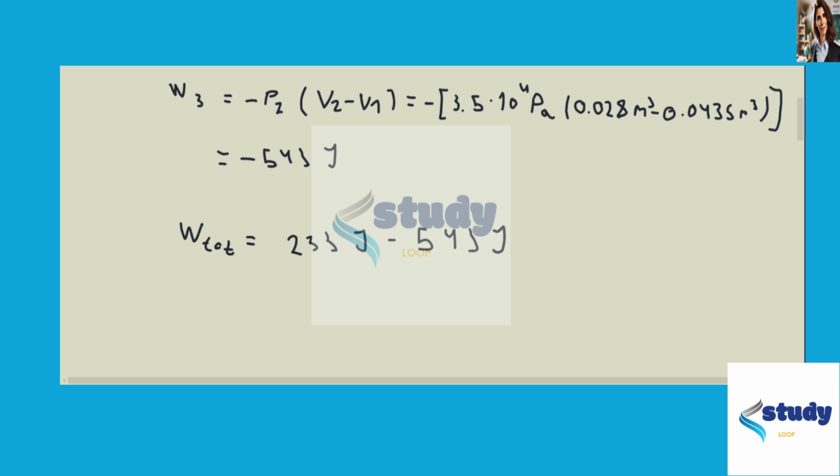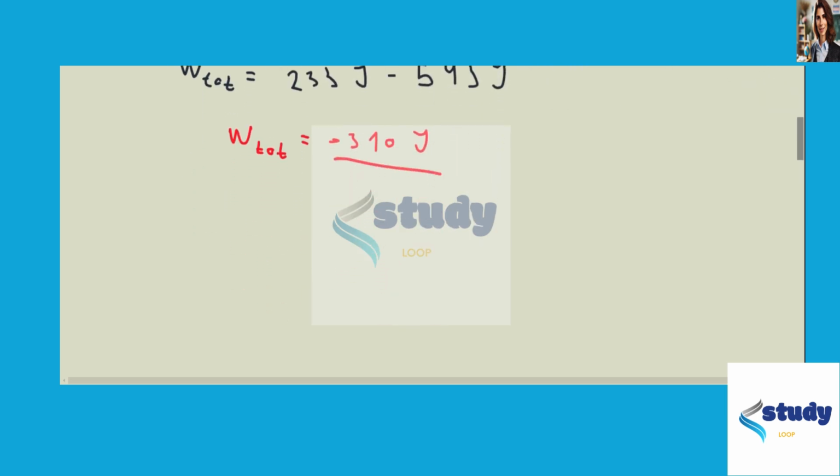And the final value is therefore W total equals minus 310 joules. This is the final value for the work done in this cyclic process. And we see that the total value of the work done is negative, therefore the work is being done on the gas in this thermodynamic process.